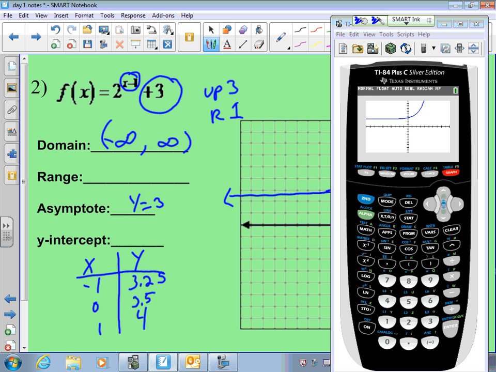So my y equals 3 is going to be my asymptote, but my range is going to be from 3 to infinity. Where it crosses the y-axis is going to be 3.5. Okay, you're going to be responsible for doing 3 on your own.